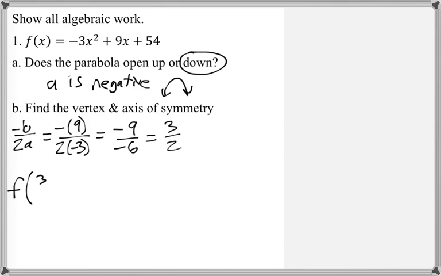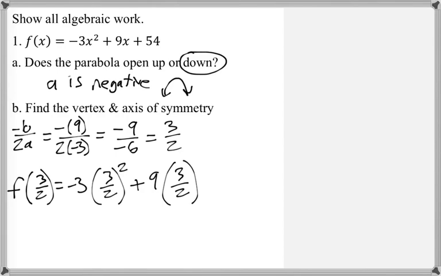So f of 3/2, that's going to be, again, I'm plugging it into my function, negative 3 times 3/2 squared plus 9 times 3/2 plus 54. And if you type this in on your calculator, you'll find that it's equal to 243 over 4.